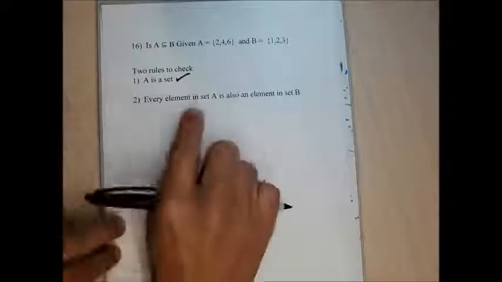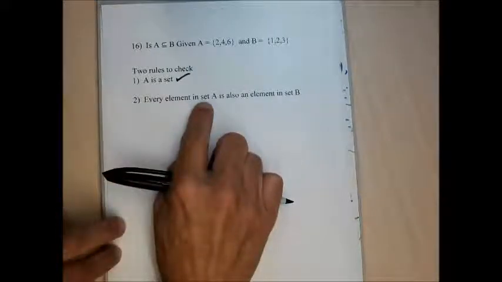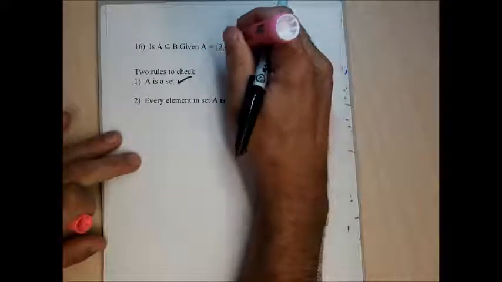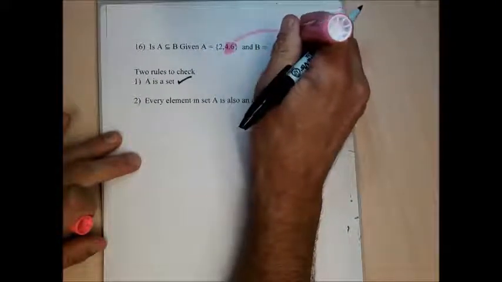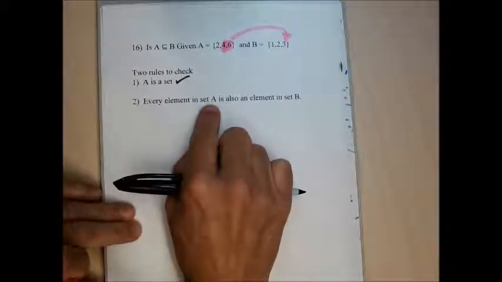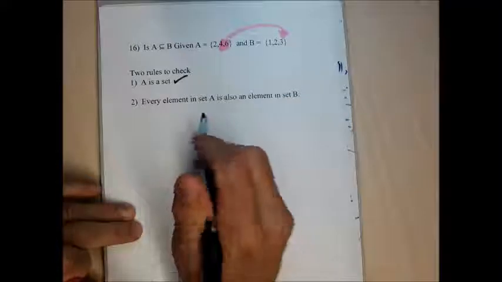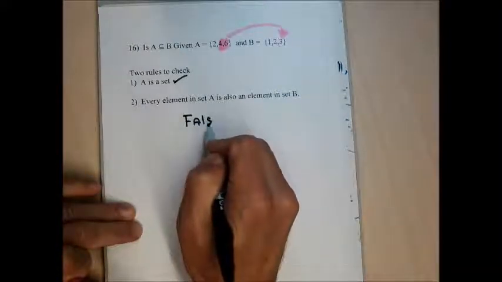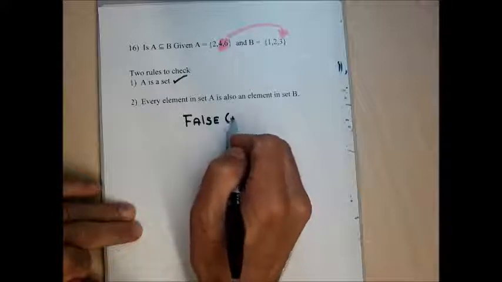Second rule is where I'm going to break down here. For the second rule to be satisfied, every element in A would also need to be an element of B. But A has two elements, namely the numbers 4 and 6, that are elements in set A that aren't elements in set B. So for an answer, I'm going to write false, but you certainly could write no, just in case I did that earlier in this chapter.